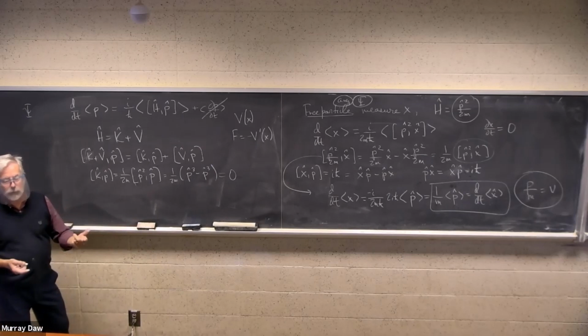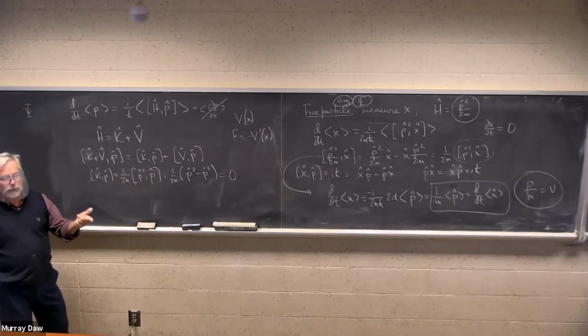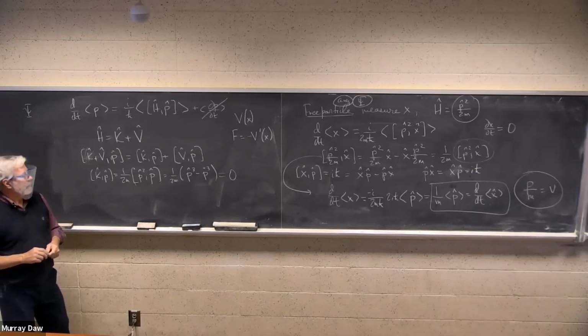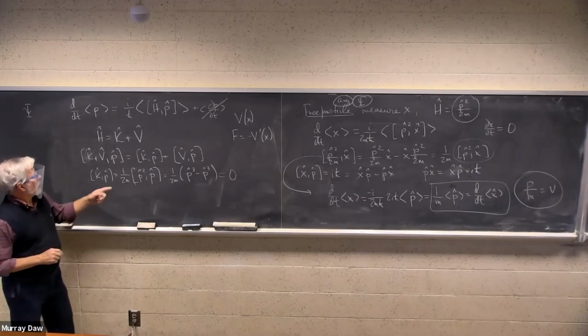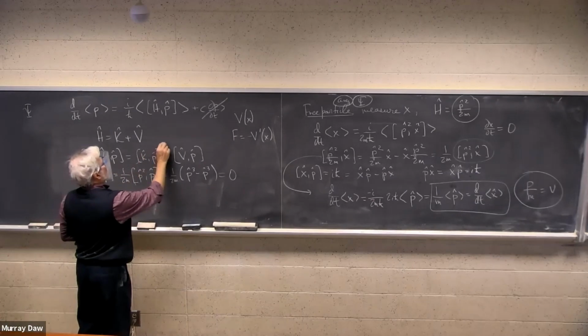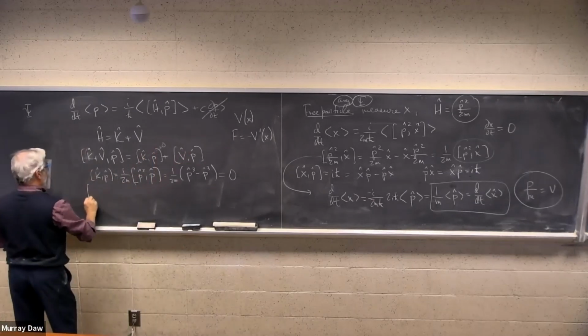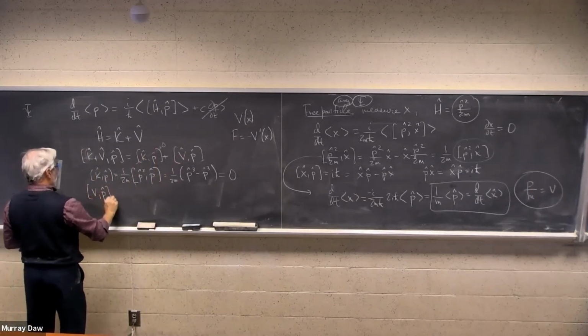Doesn't matter whether we do P and then P squared or P squared and then P. Same operation, you're taking three derivatives. So that one gives 0. We're left with this one. Let's write that one down.